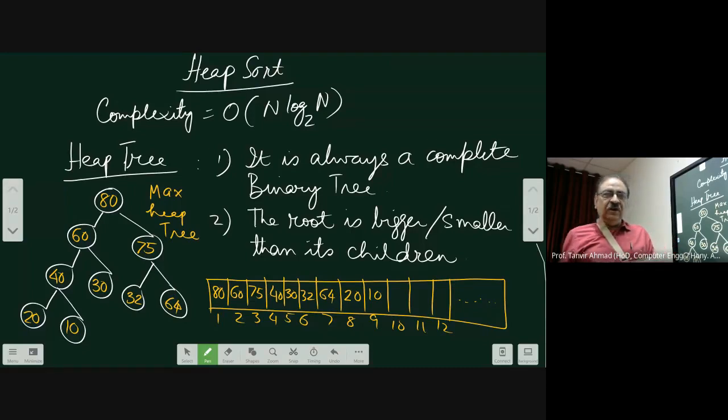And therefore, if I am going to put a new number, I will have to put it in the left of 30 only. At any other place, if you put that number, it will violate property number 1. We say that it should always be a complete binary tree.